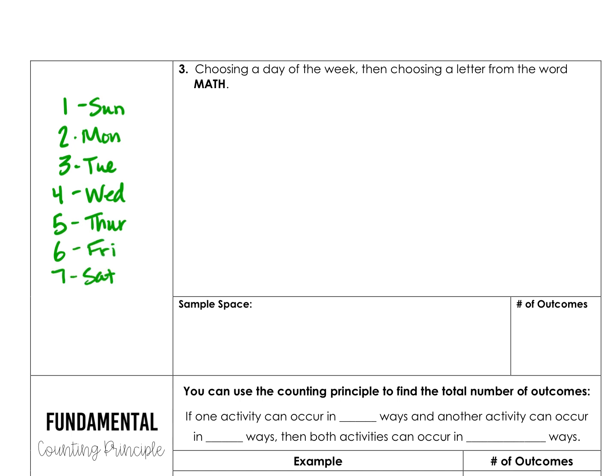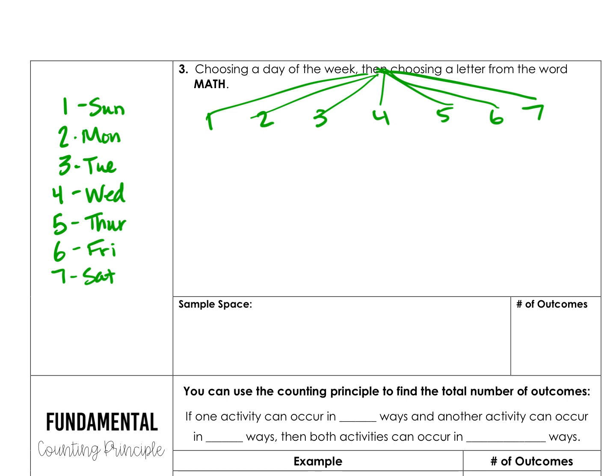Then I could have my choices across the top. 1, 2, 3, 4, 5, 6, 7. So those are my first step. Then I'm going to choose a letter from the word math. So each of these has 4 options.